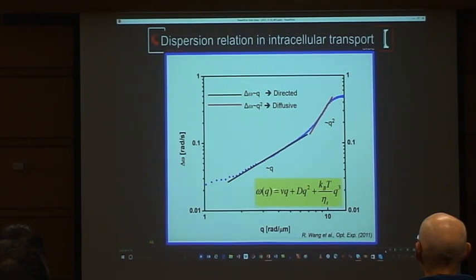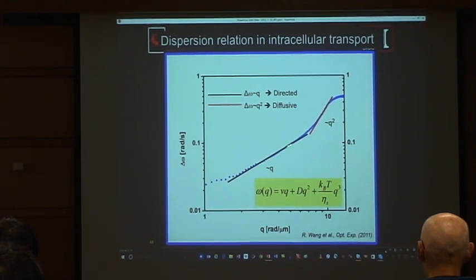Now, if you look at the diffusion equation with the drift, or advection, term, whenever you see q linear, that's a sign of deterministic transfer, a sign of drift, of flow, essentially. While q squared is a sign of diffusion, of random motion. This is what you see in dynamic light scattering. I don't know if any of you have used dynamic light scattering. This is the term that shows up in dynamic light scattering measurements.